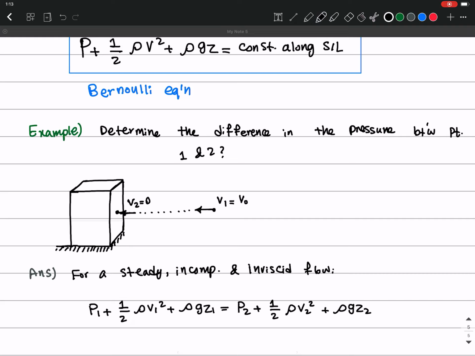As you see, because this is a horizontal movement, Z1 and Z2 are equal. So this means that these 2 terms are going to cancel out, because Z1 equals Z2.